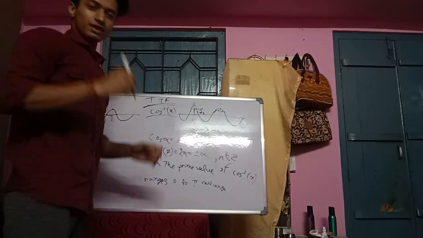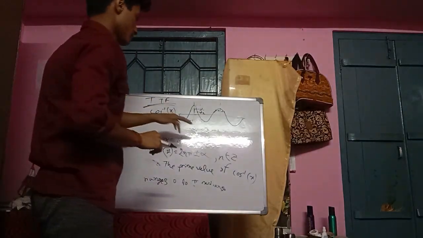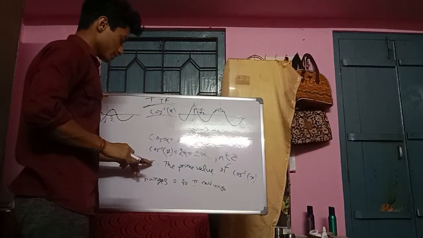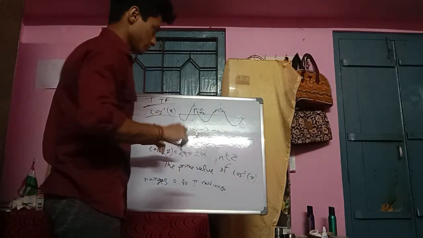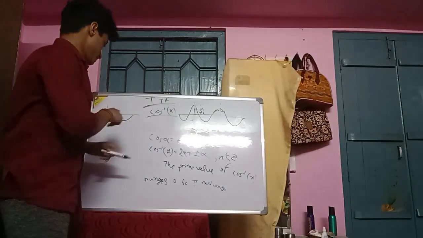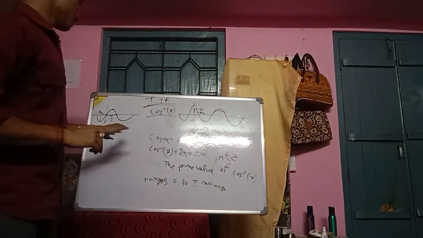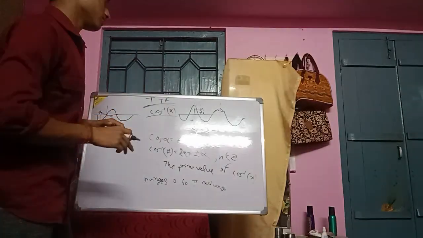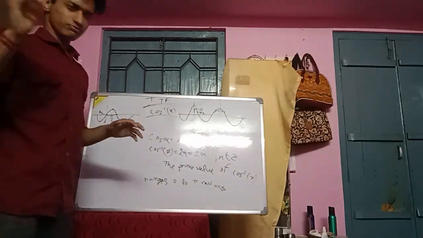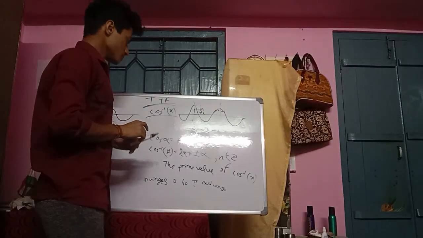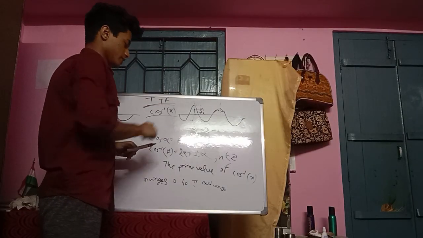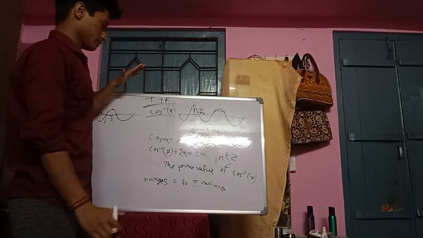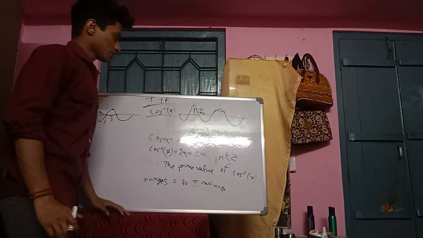Another thing that has to be mentioned here is that the domain and range for this function are going to be the same as for the sine function, because these two functions are pretty much the same. The only difference is the phase difference between the two. I'm not going to go into that right now. I will definitely talk about that later in maybe another video, but both are cyclic functions, and both have highest value 1 and lowest possible value -1.